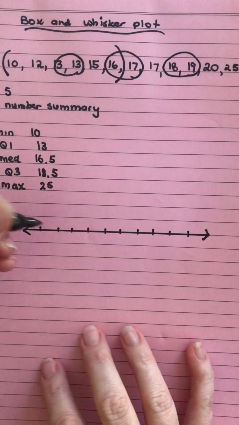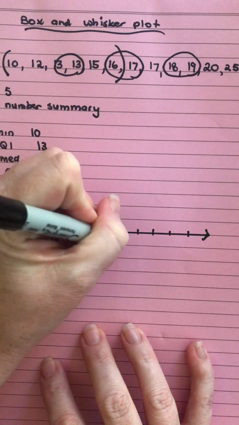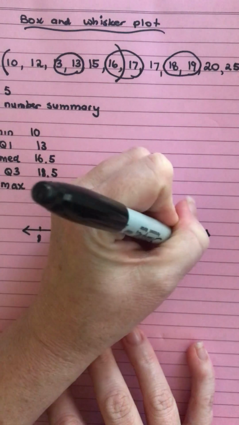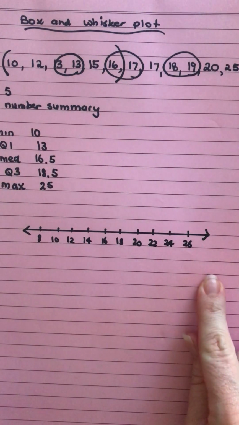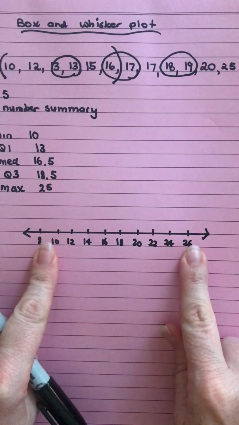And then I might start at 8 and go up in 2s. Depending what numbers you've got and what spacing you've got will determine what you put along your number line. I just know I have to have the numbers between 10 and 25, and I had 10 little increments there.